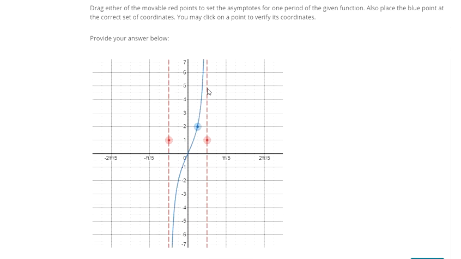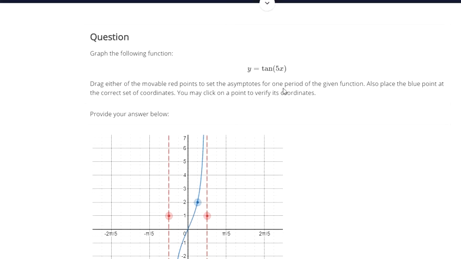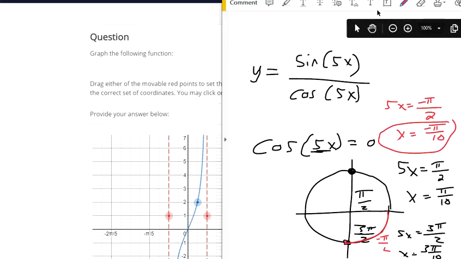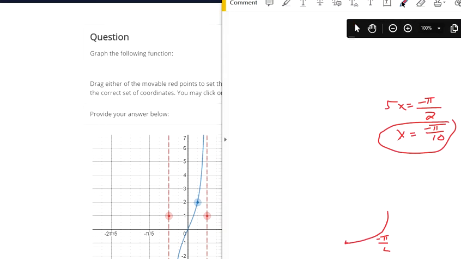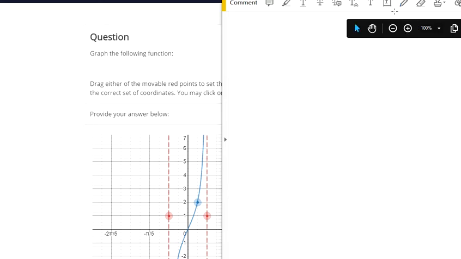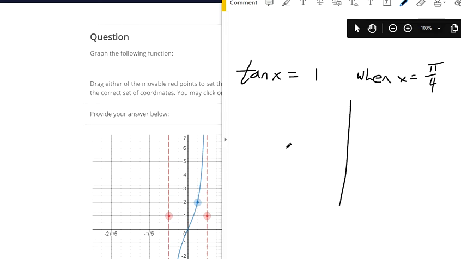To make that happen, we just need to know a particular value for y equals tangent of 5x. So one way we can do that is there's a special value that we could keep in mind with tangent and cotangent. Tangent of x equals 1 when x equals pi over 4, and I can show you why that is.